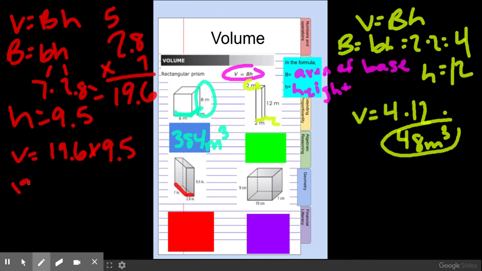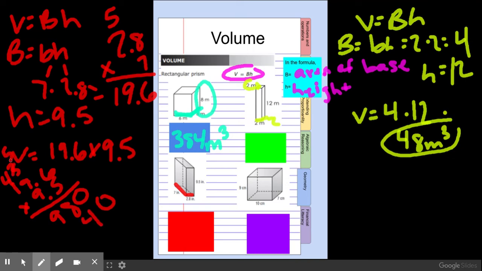So 19.6 times 9.5. So 5 times 6 is 30. 5 times 9 is 45, plus 3 is 48. 5 times 1 is 5, plus 4 is 9. Add a 0. 9 times 6 is 54. 9 times 9 is 81, plus 5 is 86. 9 times 1 is 9, plus 8 is 17.